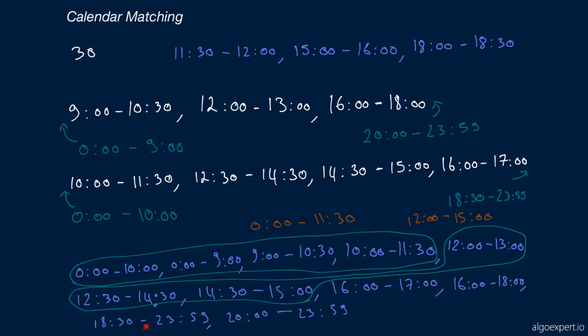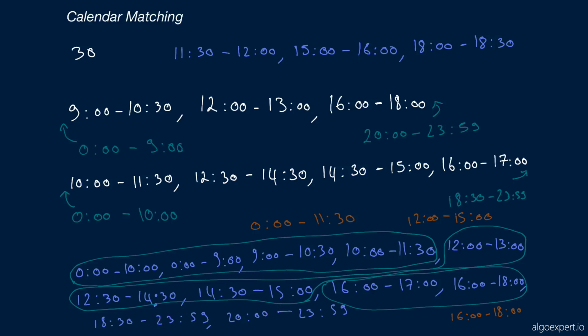Then 18:30 to 23:59, so there's a gap between 18 and 18:30. These 2 can be captured here, and that's just going to be 16 to 18. And finally, these 2, 18:30 to 23:59 and 20 to 23:59, can be captured into 18:30 to 23:59. In other words, the last meeting of the day is captured into this one.